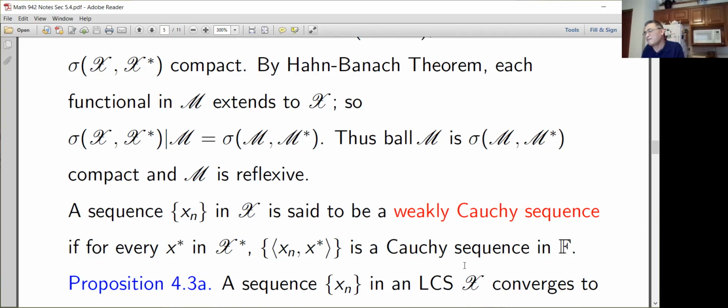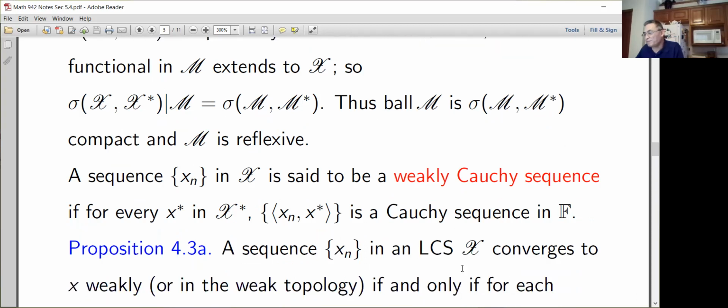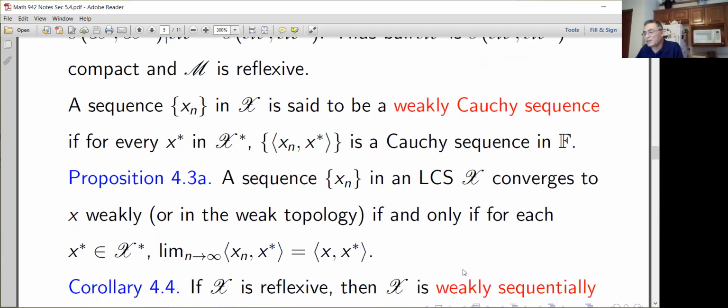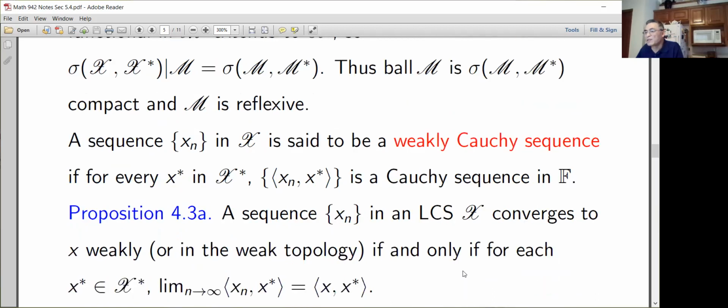So let us just state it here so that we know what is going on. A sequence xn in a locally convex space X converges to X weakly, where weakly means in the weak topology. When you have a topology, there is a concept of convergence.